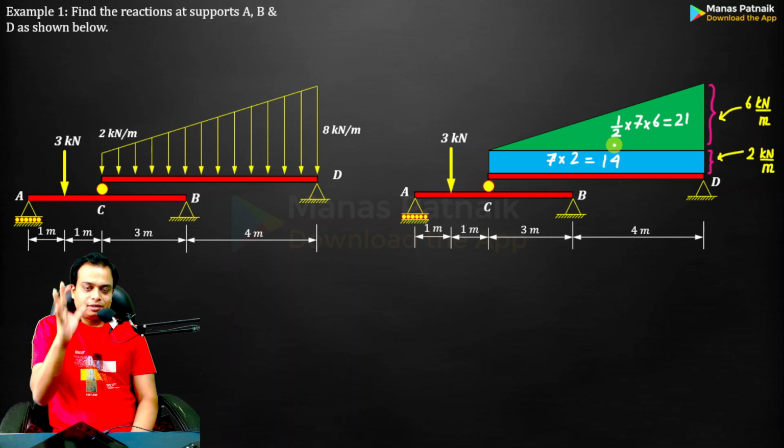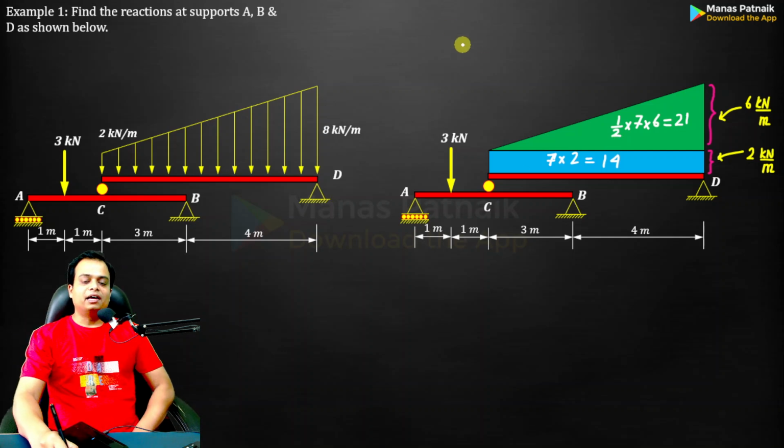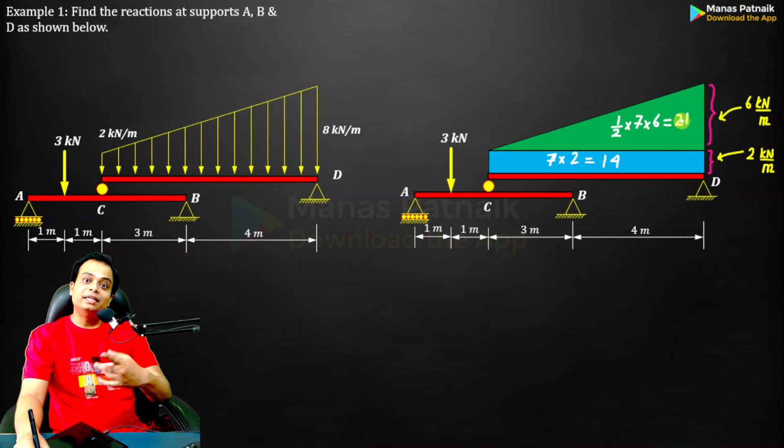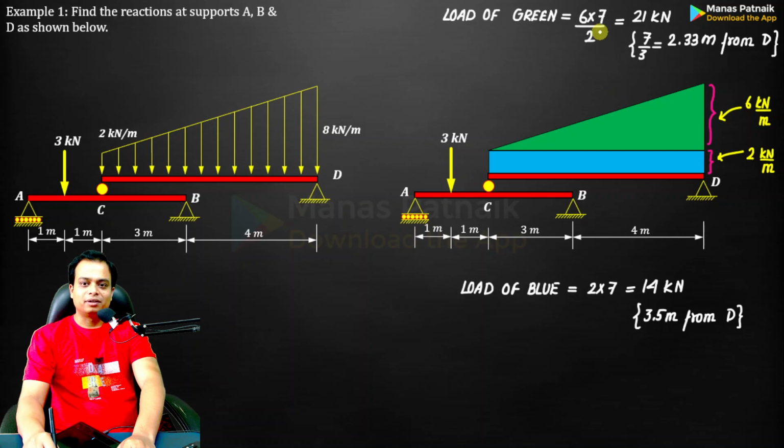But you have to place them in the right spot. For a rectangle, you remember it is going to be L by 2, and for a triangle it is going to be L by 3, with respect to the right angle, always. For a rectangle it is L by 2, for a triangle it is L by 3 from the right angle corner. I've written all of these things over here. So this load of 21, half of 42, is at a distance of 7 by 3.